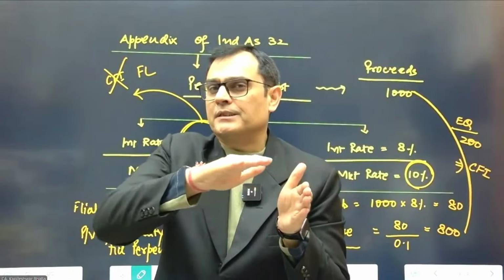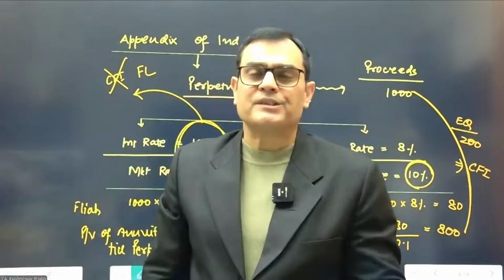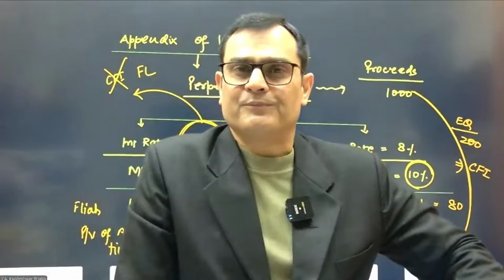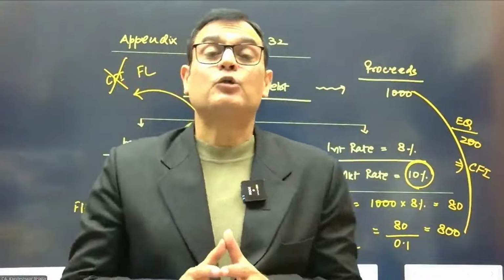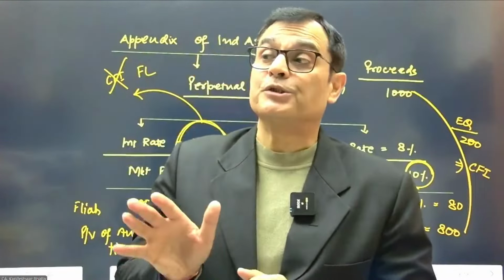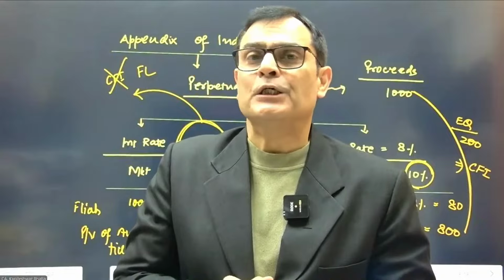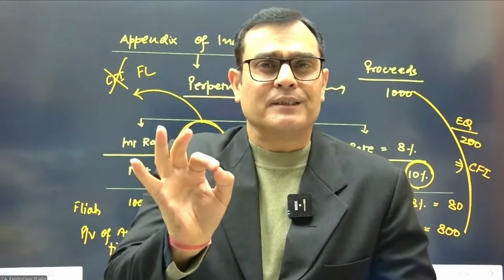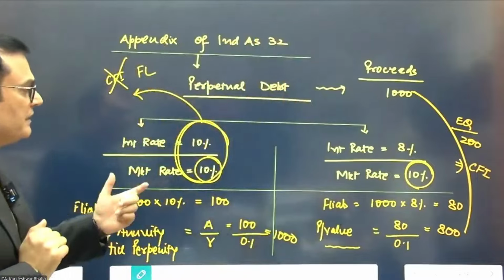You tell the person, instead of paying you 12, I'll pay you 9. So how does the equity element arise? The equity element arises in a situation where you do not pay what you're supposed to pay. So the appendix to Ind AS 32, in terms of a perpetual debt, started giving me data.